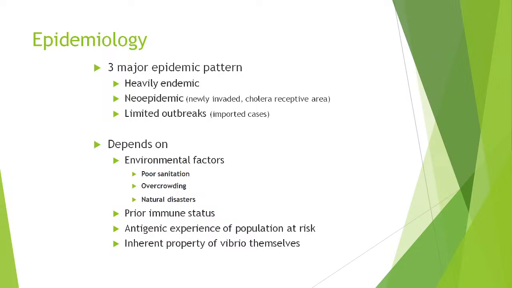Then the antigenic experience of the population at risk: at the individual level the antigenicity, and then how much the population is exposed to that particular bacteria. And the other is the inherent property of the kind of Vibrio strain. There are biotypes. The particular strain that humans encounter, what is its property? Whether it is able to cause serious disease or mild disease.